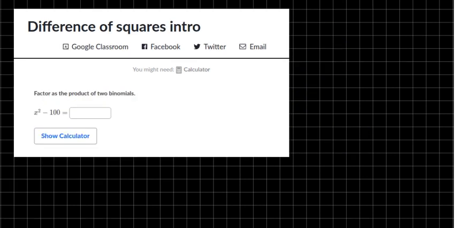Okay, our next problem, which is going to be our last problem, is factor as a product of two binomials. So in the end, I want two binomials down here, right? So I've got x squared minus 100. I'm going to identify that as x squared minus 10 squared. 10 times 10 is 100.